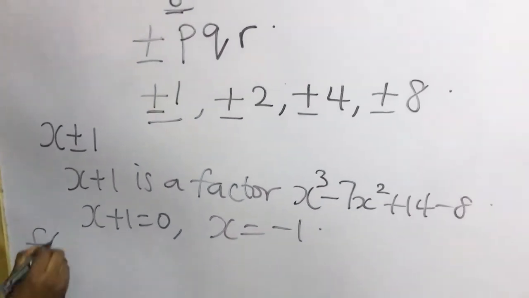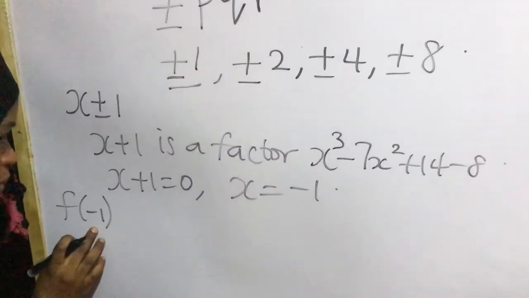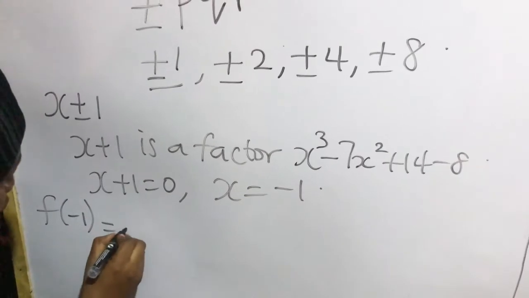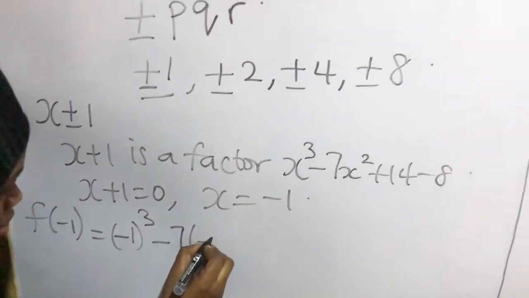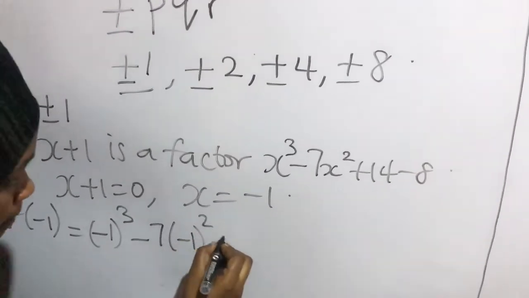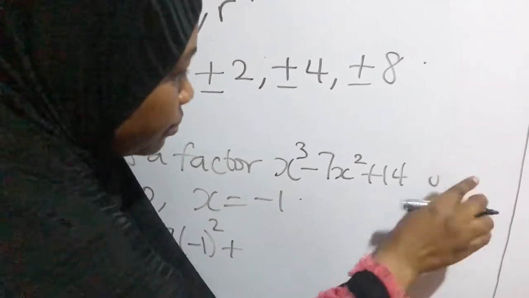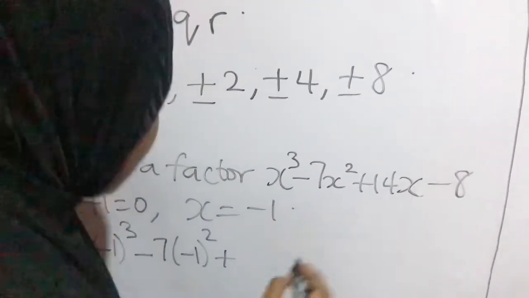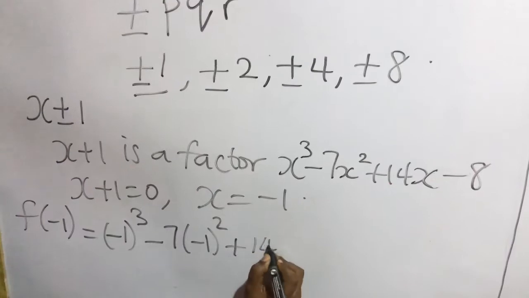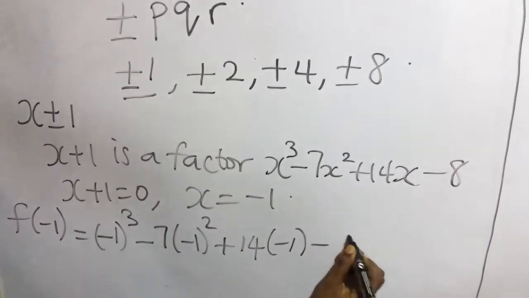So f of minus 1, wherever we see x we put minus 1, is equal to minus 1 cubed, then minus 7 multiplied by minus 1 squared, plus 14 multiplied by minus 1, then minus 8.